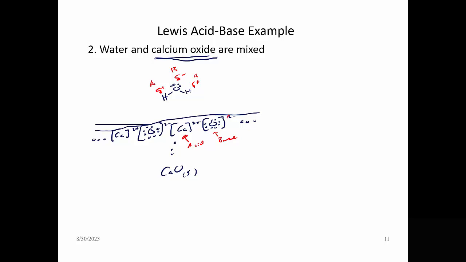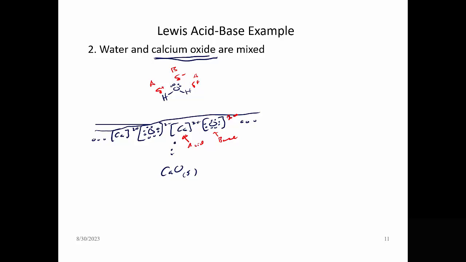Oxide has a full -2 charge. What's the charge on oxygen in water? Delta minus. Delta minus means what? Partial charge. It's not a full charge. A full charge is an ion. And so this is just a partial. And so as far as base goes, oxide is going to be a better base.